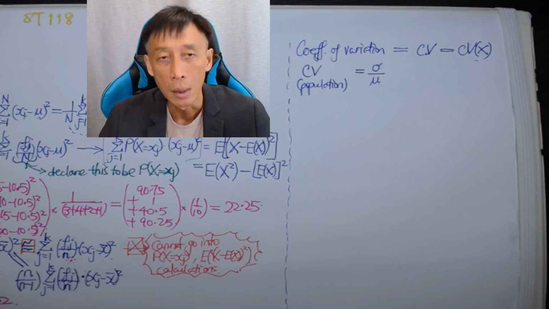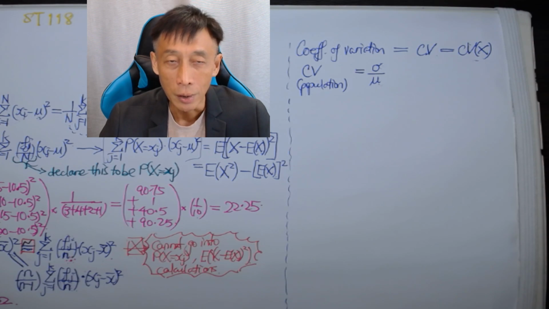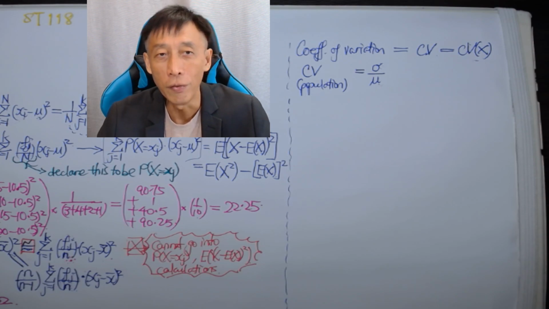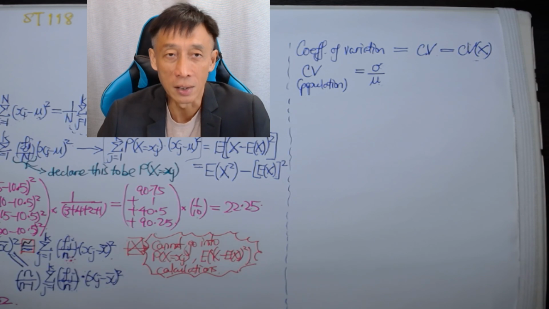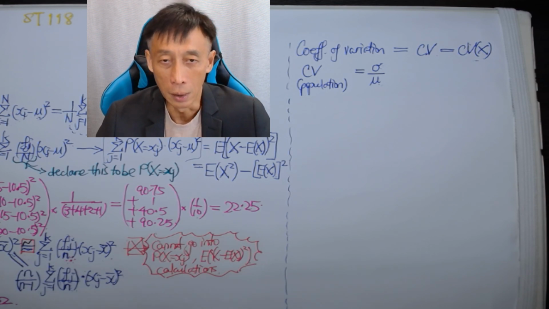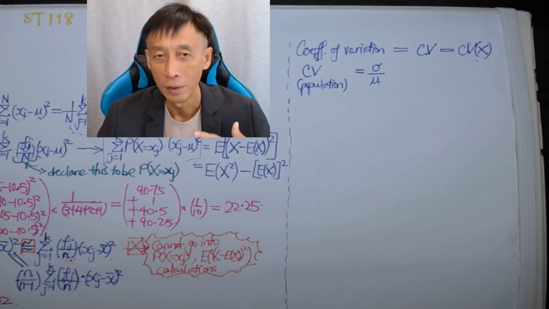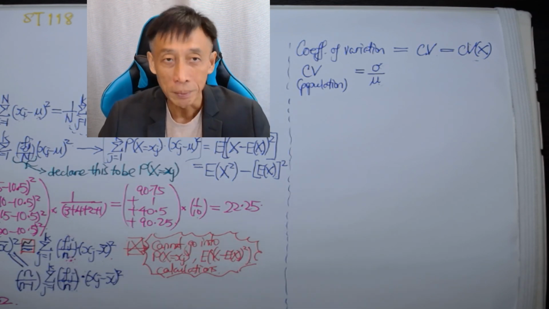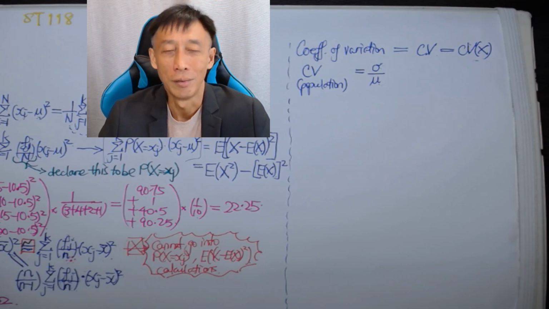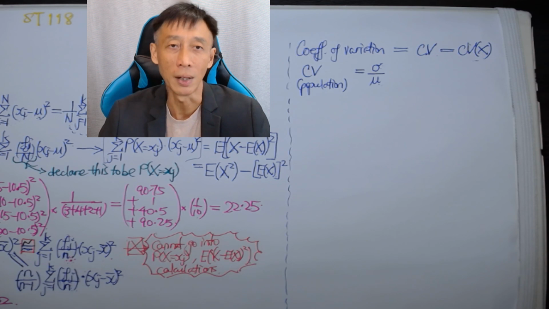compare? If you use standard deviation, a change of 50 cents for DBS Bank, which has an average price of $40, is not much. Okay, let's say 40 cents. 40 cents is how much? 1%.